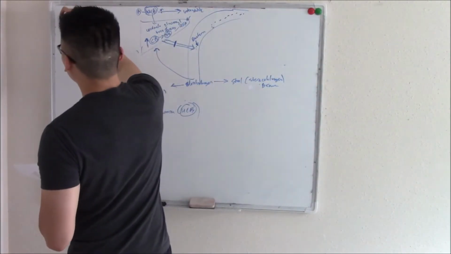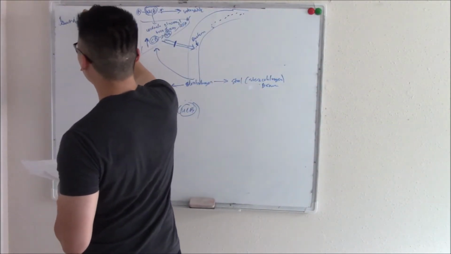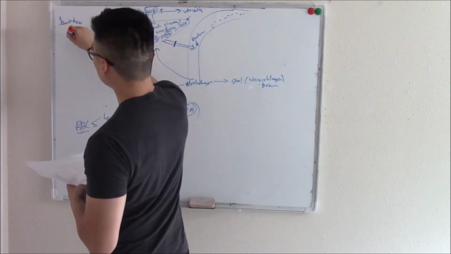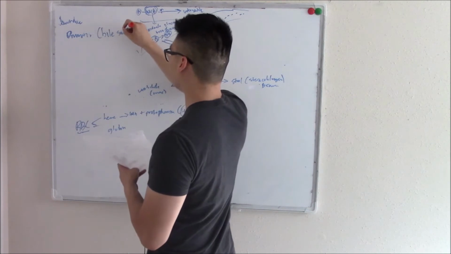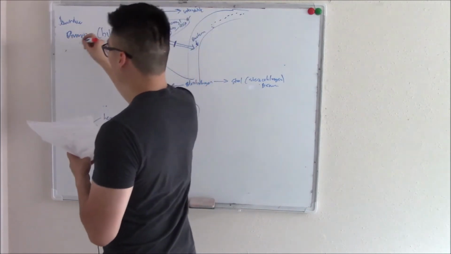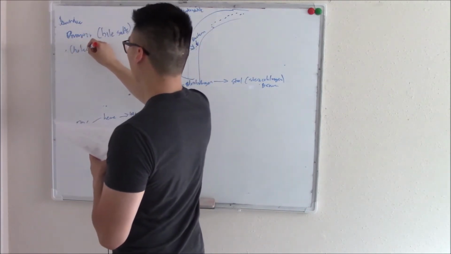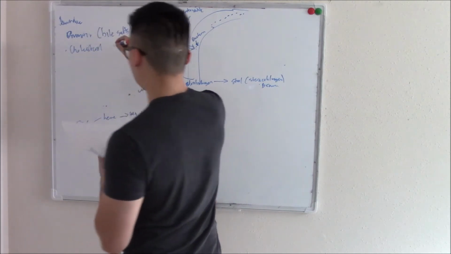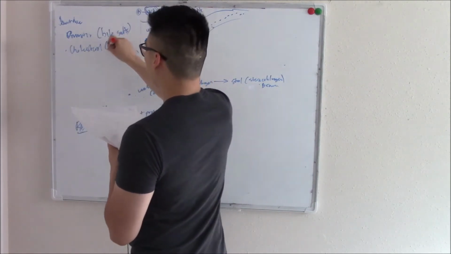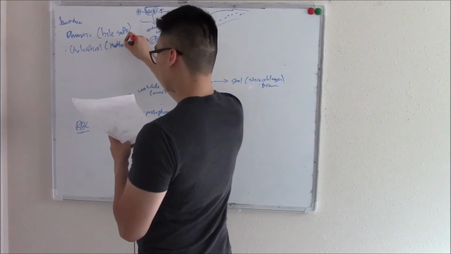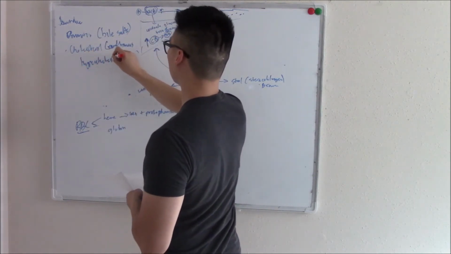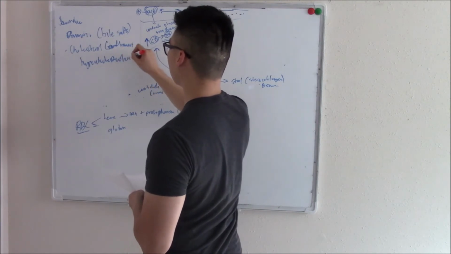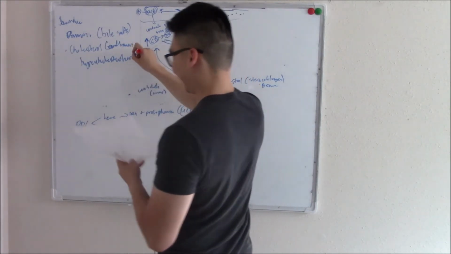You'll have the jaundice, but you'll also have pruritus from the buildup of bile salts in your skin. You'll have cholesterol built up in your skin because that was found in bile. So you'll have things like xanthomas, cholesterolemia.